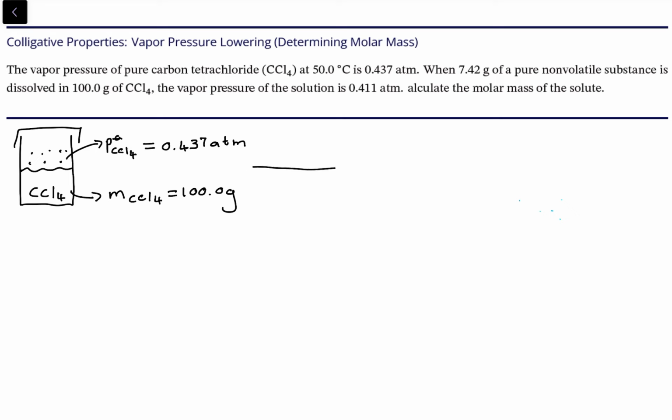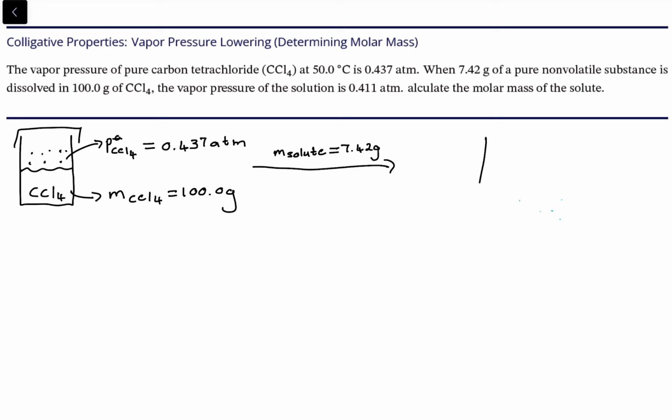We're then told, right, to this we add 7.42 gram of a solute. So maybe let's actually give it a name. We say the mass of solute added is equal to 7.42 gram.